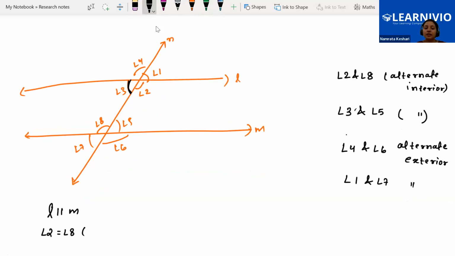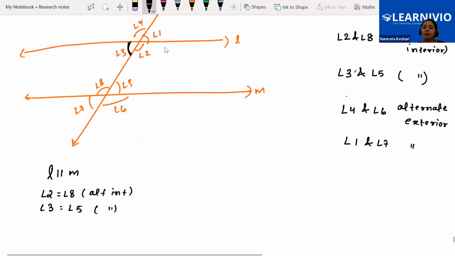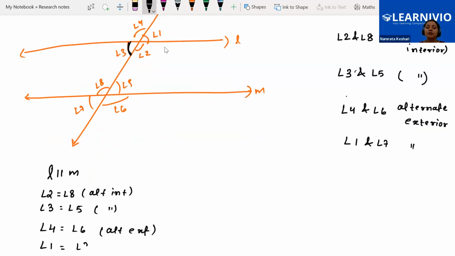If L and M are parallel, alternate interior. Okay, angle 3 will be equals to angle 5. Alternate interior angle. Similarly, if L is parallel to M, then angle 4 and angle 6 will be same. Alternate exterior angle. Okay, angle 1 will be equals to angle 7.